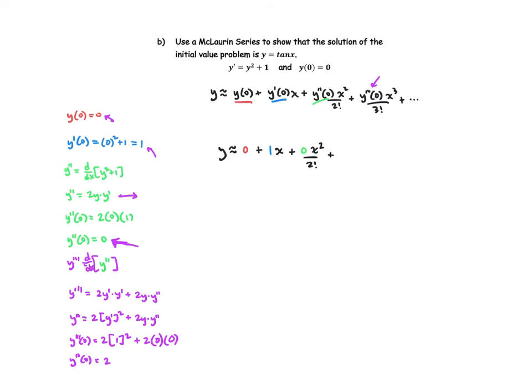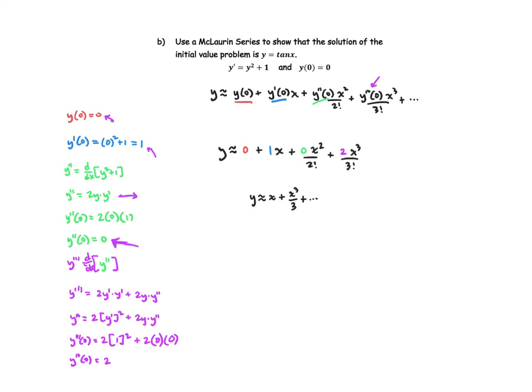Plus y triple prime, which is 2, x cubed over 3 factorial. Okay, so we can say that y is approximately equal to x plus x cubed over 3. Leave the rest to the imagination, even though I have an idea of what it's going to be. So let's build the polynomial for tan x and show that these two are equivalent.